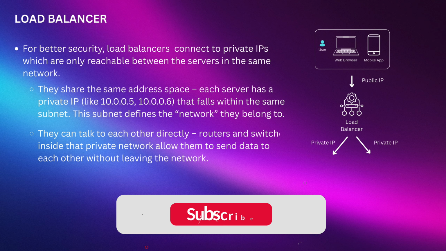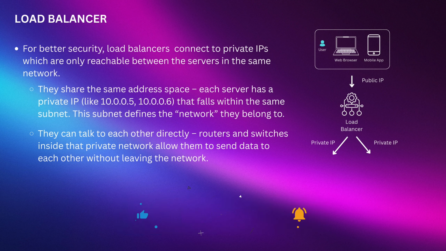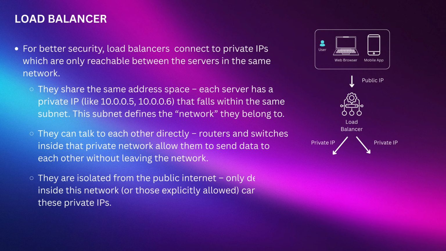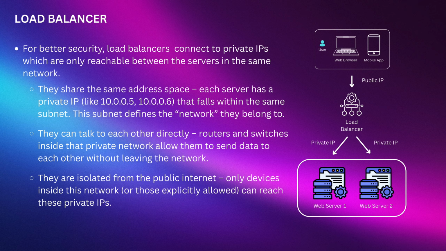They can talk to each other directly. Routers and switches inside that private network allow them to send data to each other without leaving the network, and they are isolated from the public internet. So only devices inside this network can reach these private IPs.